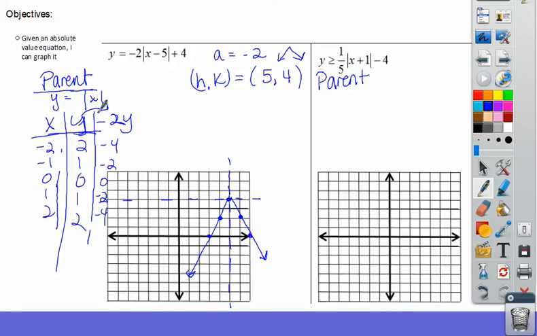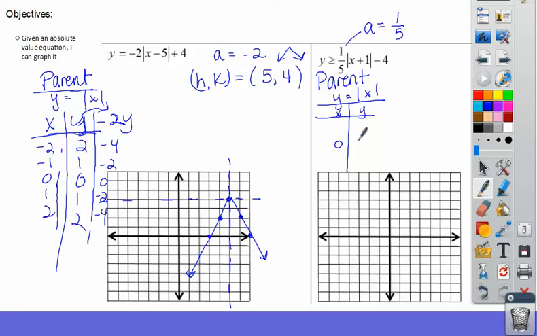This one, I'm going to change my parent a little bit because what am I going to end up multiplying by? What is my a value? 1/5. I'm not going to want to plug in the number 1 because what is 1 multiplied by 1/5? Does that make a pretty graph? No. But what I do know about my absolute value, x, y.